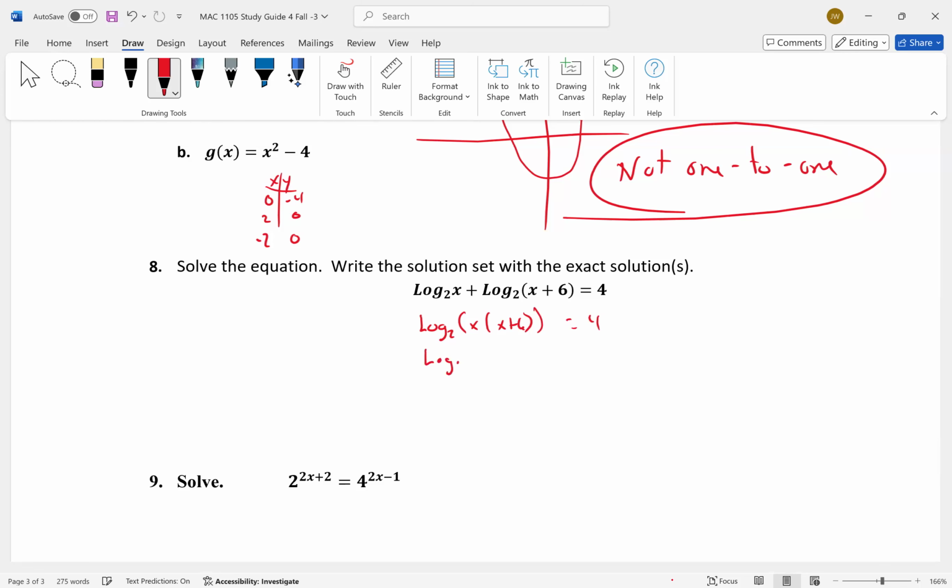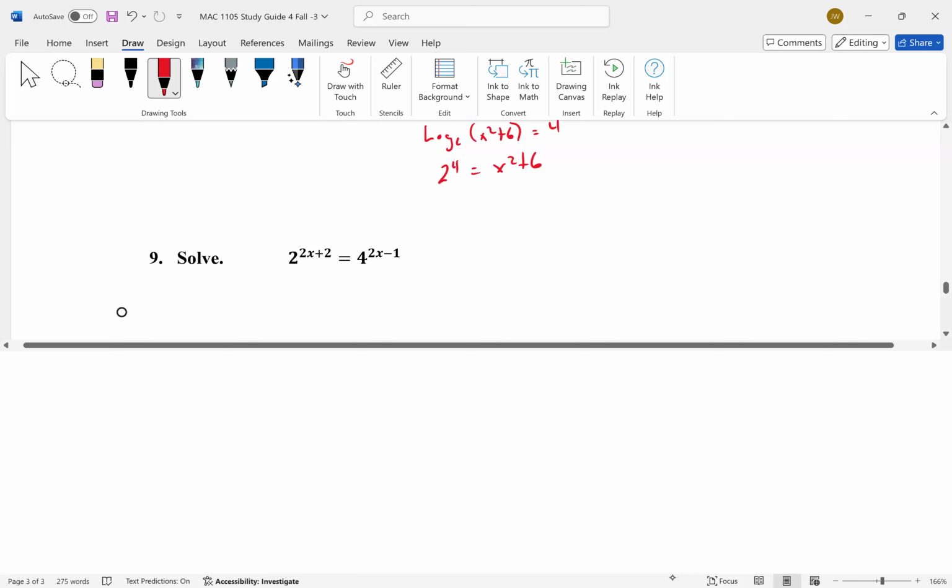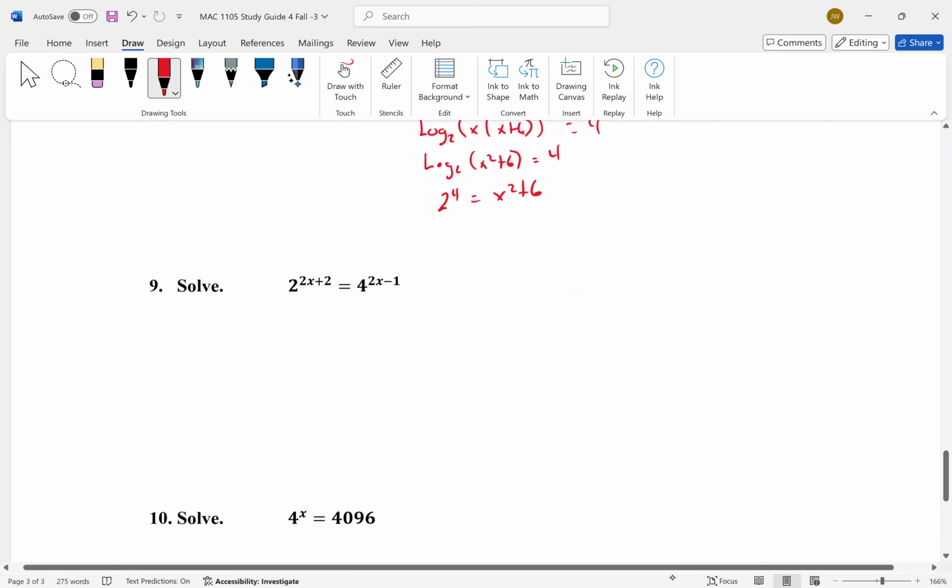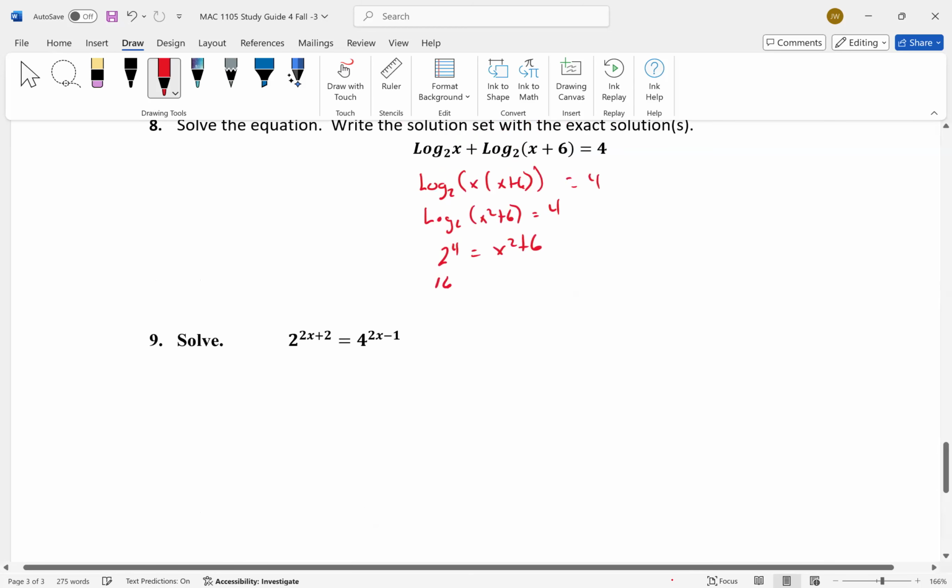So the log base 2 of x squared plus 6x equals 4. Which means that 2 to the 4th equals x squared plus 6x. 2 to the 4th is 16.